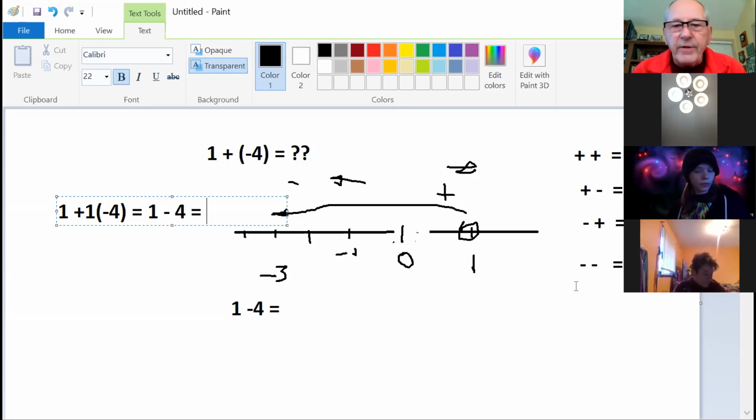You can look at it however you want to do it, but somehow understand what this is equal to. However it makes sense to you, right? And then when it does make sense to you, apply it in these expressions. And by that I mean if you have a 1 plus a space and a -4, that's the same thing as 1 plus a 1 times a -4. There's a hidden 1 in here.